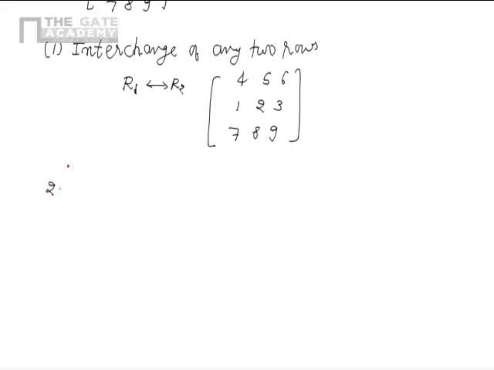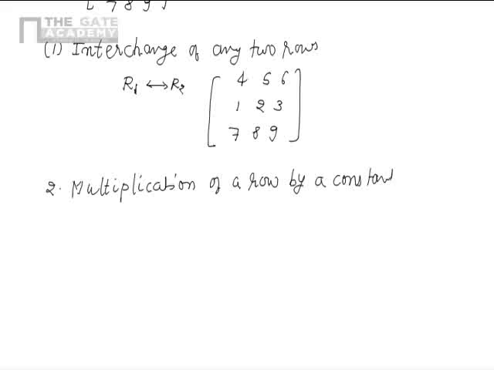The second elementary transformation is the multiplication of a row by a constant, generally denoted by k R1, let's say.